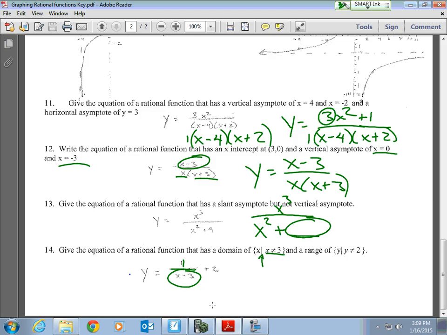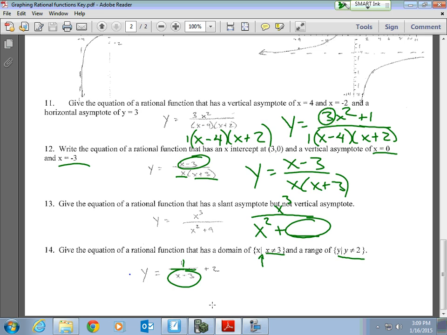And a range of y can't be 2. So I have a horizontal asymptote at y equals 2. I can't have a function like we had on questions 1 through 6 because those can pass through the horizontal asymptote.